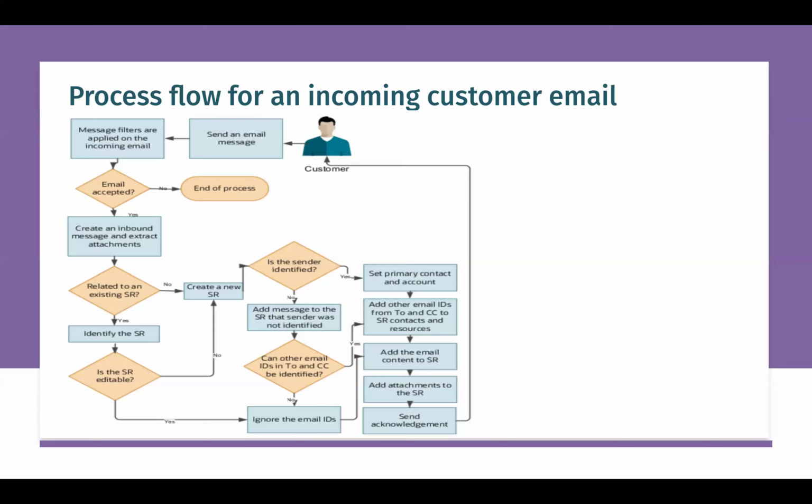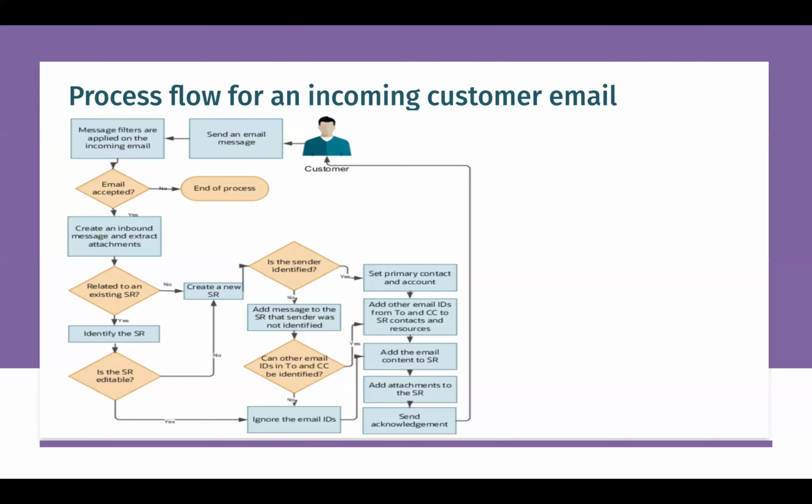From the message, we can add attachments as well, and those attachments will be tagged later to the SR. Then the next step is it will check whether this message, a reply or an email from the customer, is related to an existing SR. Some reply messages will have the context of the SR, the tagging of that SR number, so that it can identify whether it's an existing open SR.